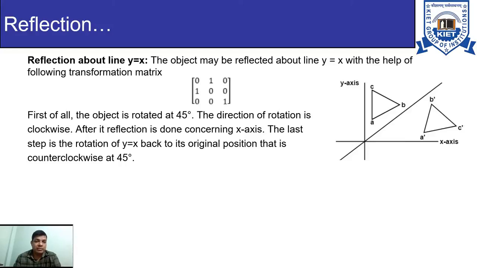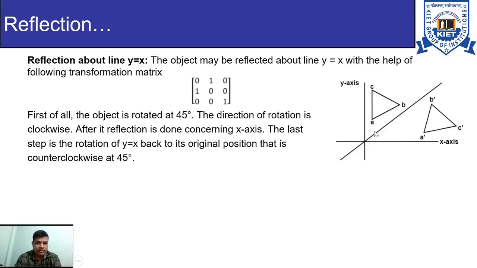This transformation involves three transformations: first is rotation, then reflection about the x-axis, and finally we have to rotate the object back to the original position.